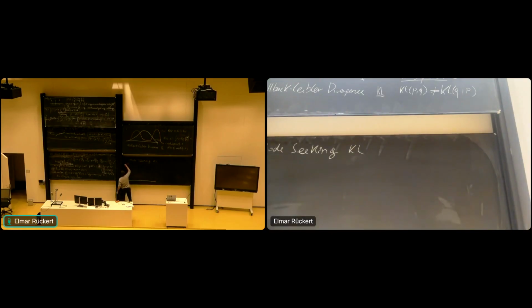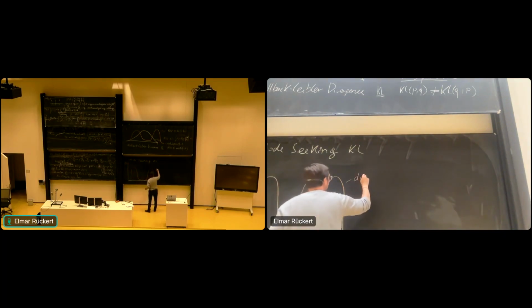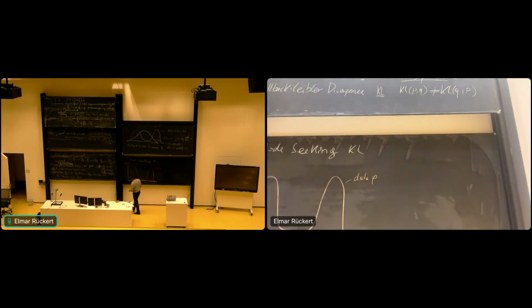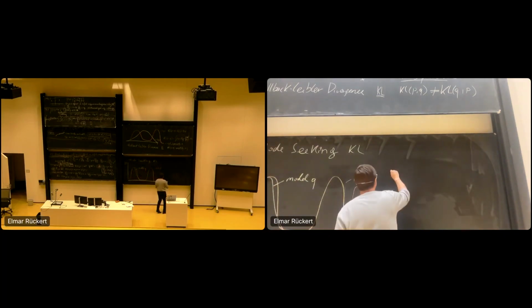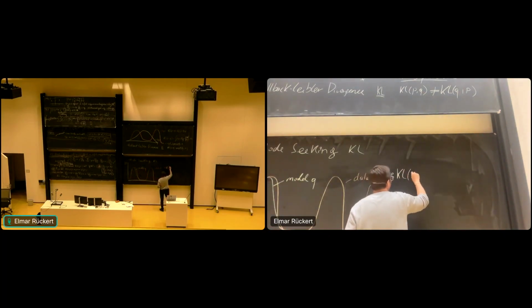You again have your PDF over your random variable X. We have our data, which is bimodal, P, and now our model itself will focus on one of the modes. We'll completely neglect the other one.